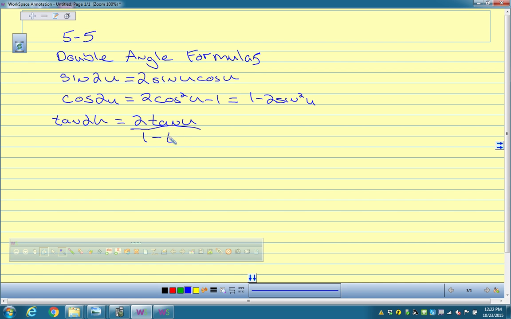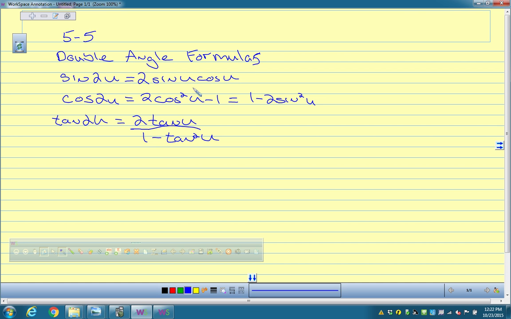These are used on your homework, okay? They're used to find sines or cosines of double an angle, so if you know the sine or cosine of an angle, you can find the sine or cosine of double that angle.